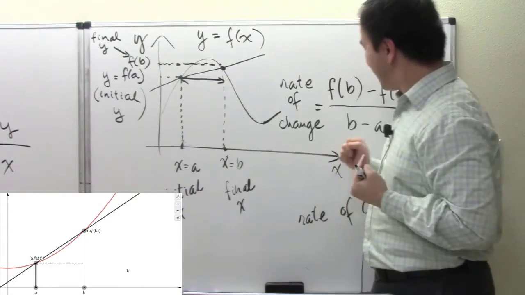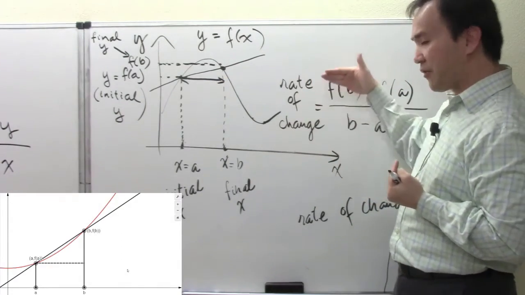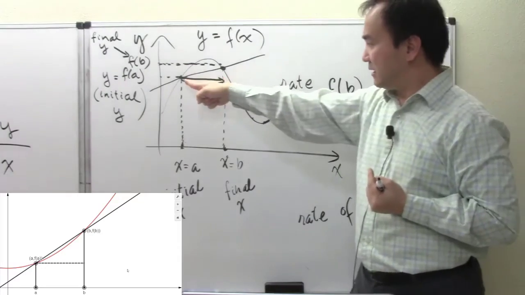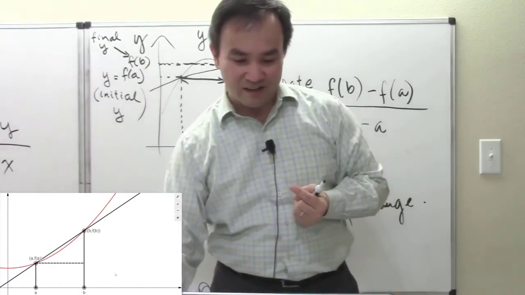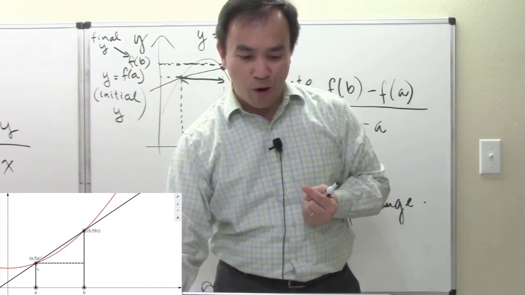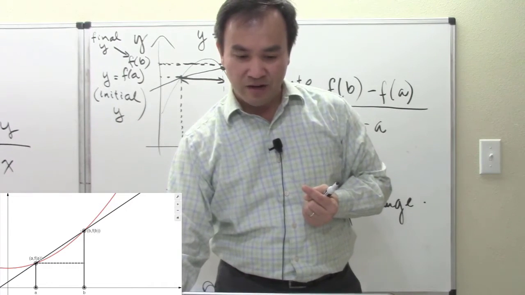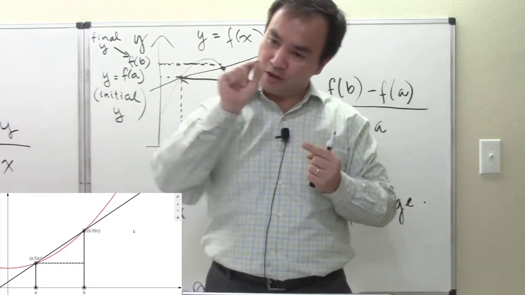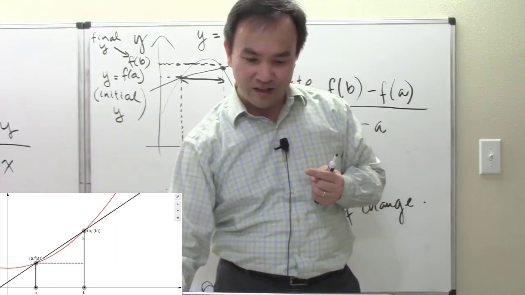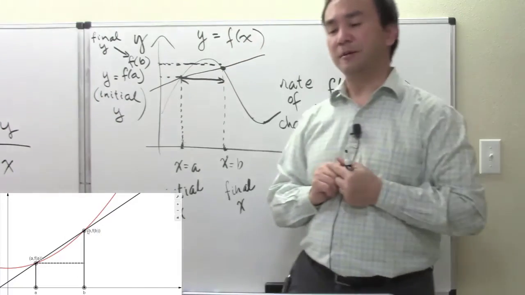But in the end, the rate of change is the slope of the line, and this line is going through the two points from a to b on my graph. The initial point is here, and the final point is there.